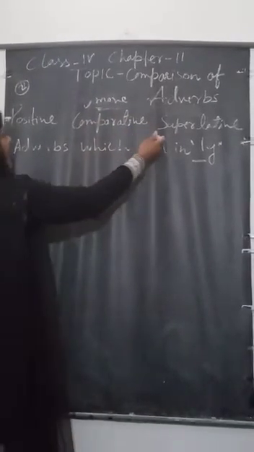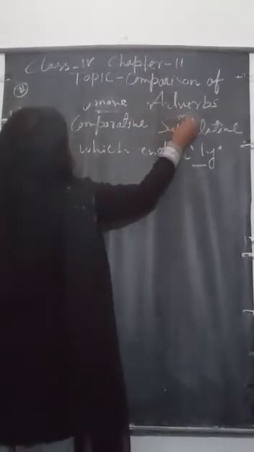When we make the comparative degree, we add the word more before it, and we make the superlative by adding the word most before it. See, most. So let's see in detail.